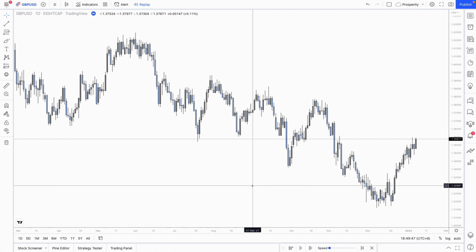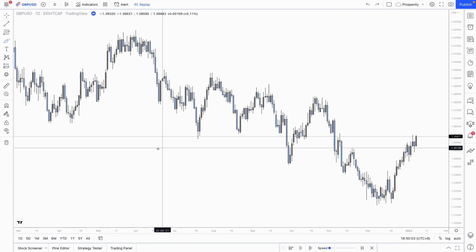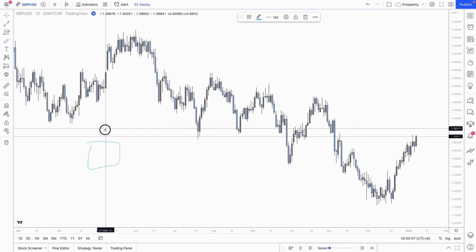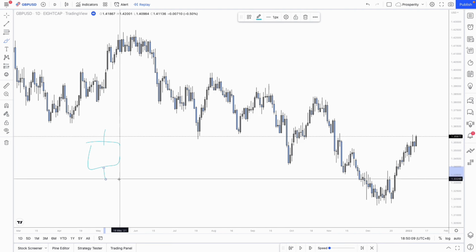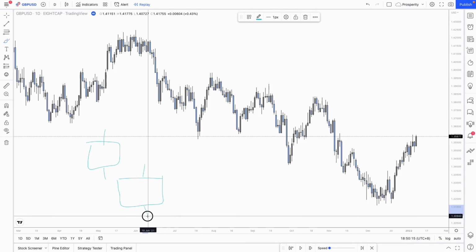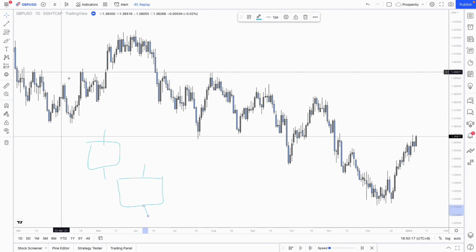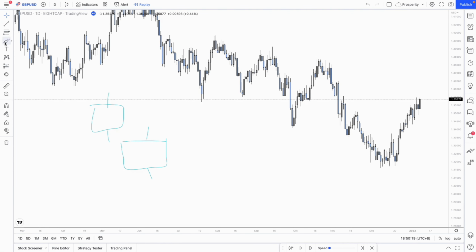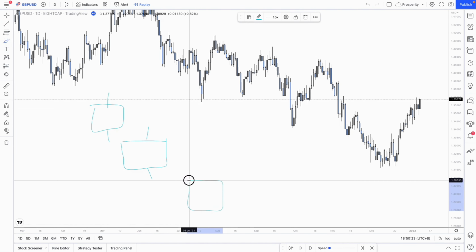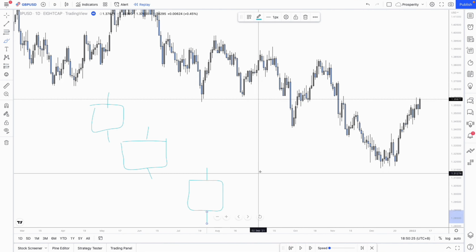If you take any price action, you take three candles. Candle number one, candle number two, and then candle number three.